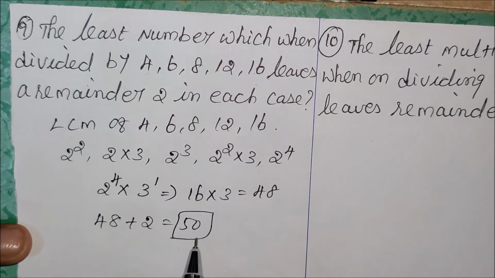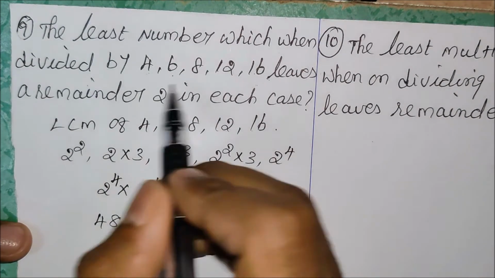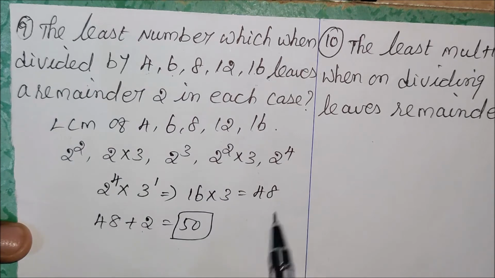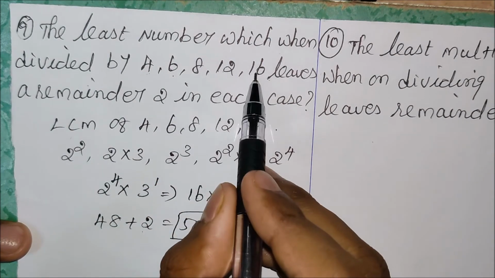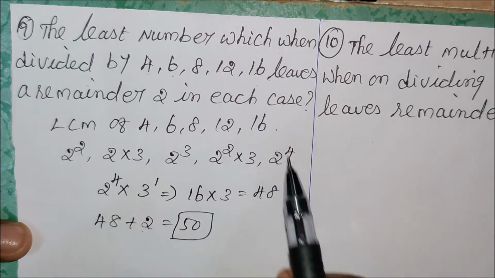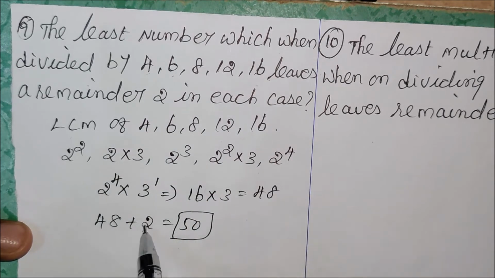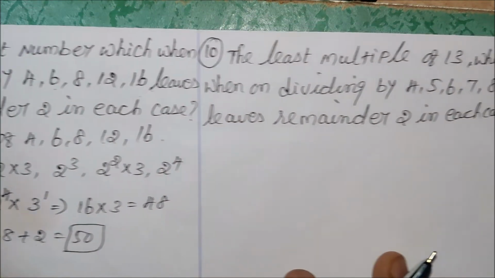If I divide 50 by 4, it gives remainder 2. Divide 50 by 6, it gives remainder 2. In all cases, it gives remainder 2. But if I divide 48 by 4, 6, 8, 12, 16, it gives no remainder. For that I have to add 2 to this number. That is the answer. Okay, let us move on.